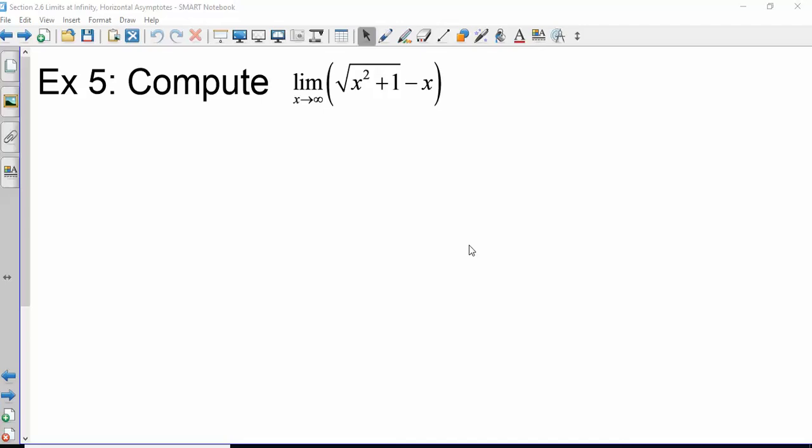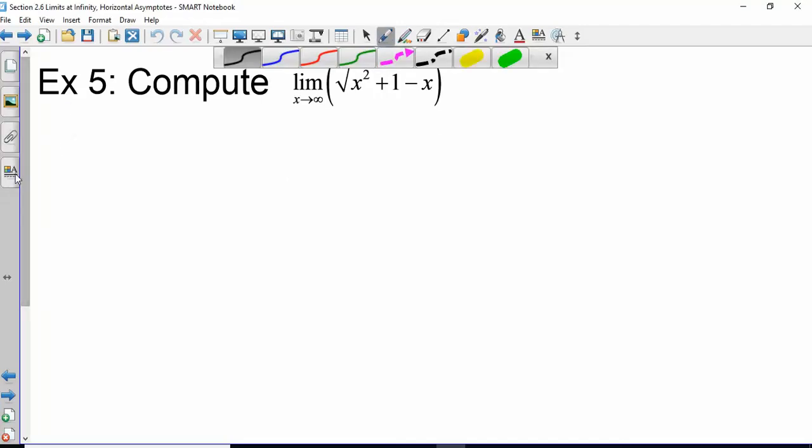No. The one new piece we had yesterday, we decided that if you have a number divided by infinity, that would turn into 0. Remember we talked about 1 over x. 1 over 10 is 0.1. 1 over 100 is 0.01. 1 over 1,000 is 0.001. As that x gets bigger, that thing's getting smaller. In this case, though, we don't have any rule about what we can do.